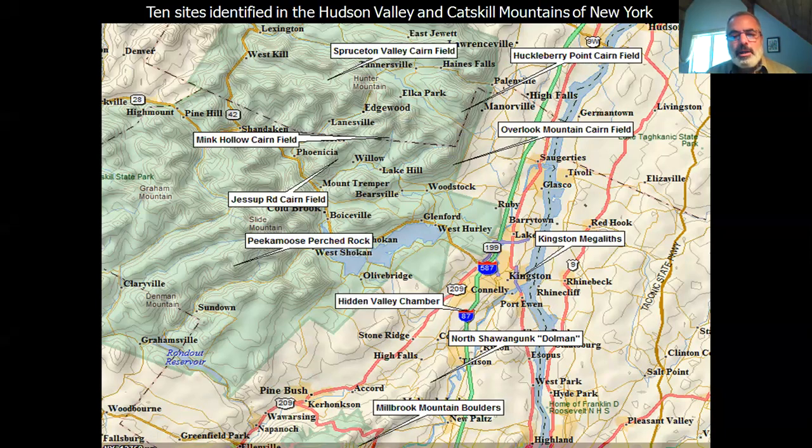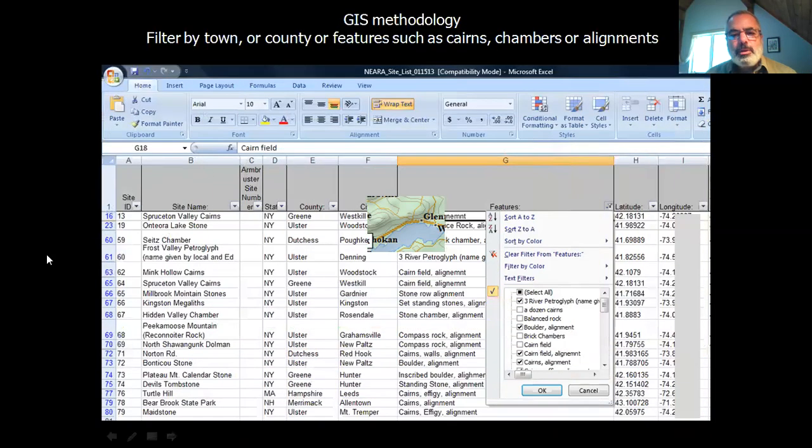In the last videos, we spoke about the North Shawangunk Dolmen down here, and the Piccamoose Perch Rock up here in the Catskills, and how they had a solstice sunrise-sunset alignment. Today, we're going to look at the Kingston Megaliths and see what those are all about.